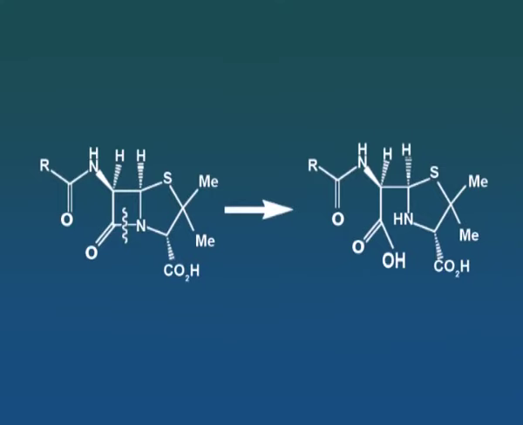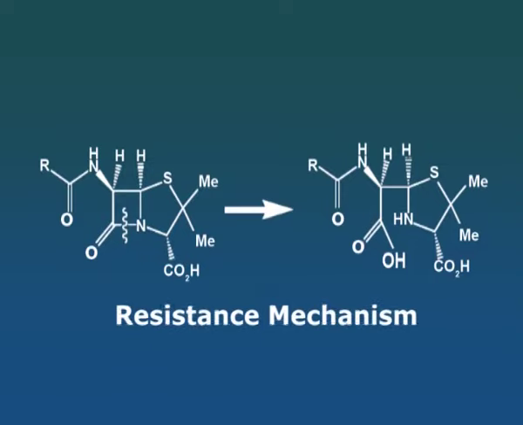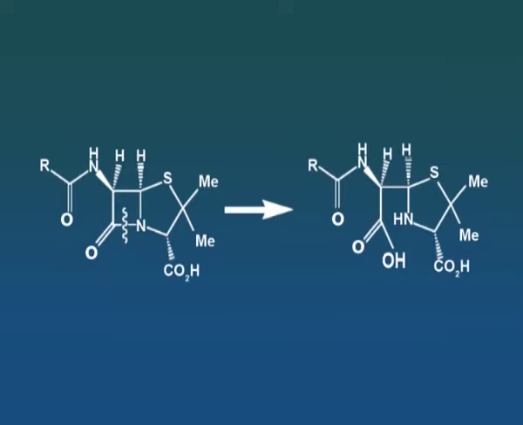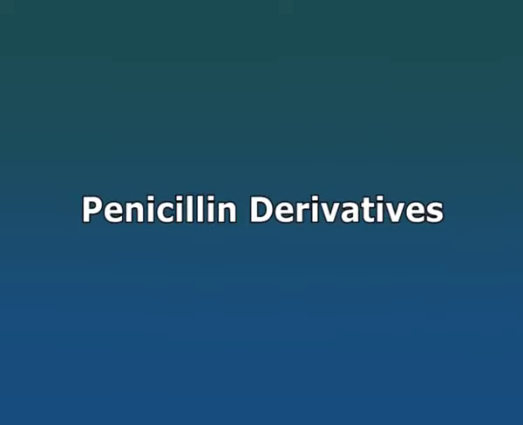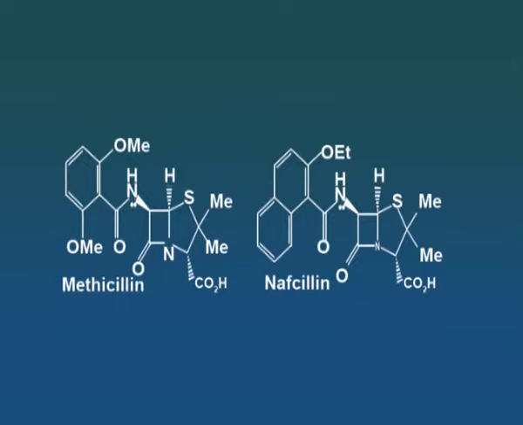In the figure, penicillin-resistant bacteria possess beta-lactamase enzymes which deactivate the drug by opening the beta-lactam ring. Penicillin derivatives like methicillin and nafcillin containing bulky groups on the side chains were poor substrates for beta-lactamases and hence less prone to it.